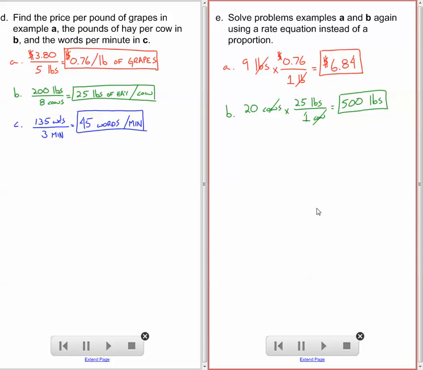And that's the exact same answer when we did B using a proportion. So you can use unit rates, and we've done that before, or you can use proportions, and you're going to get the same answer either way. So a lot of the time you're going to have a choice as to which you want to do. Sometimes one way is easier than the other. Sometimes proportions are easier. Sometimes unit rates are easier. It's going to be kind of up to you.